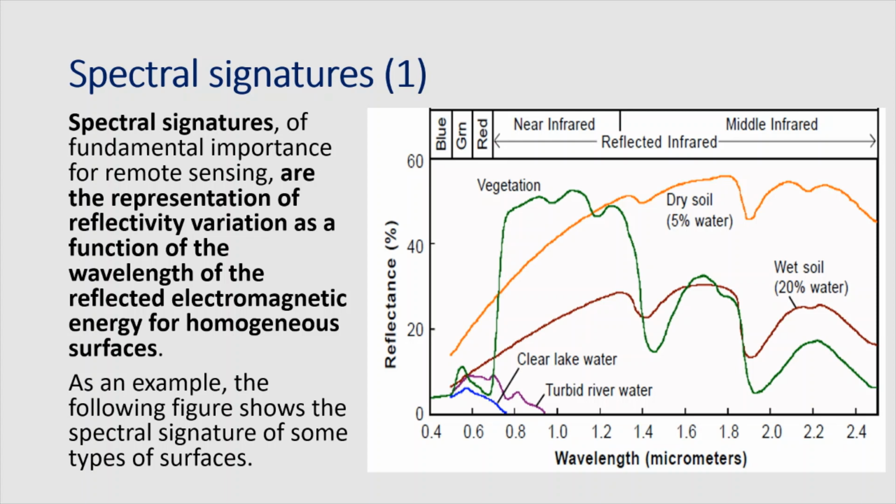And so you see that this soil is reflecting a very low quantity of energy in the visible, then it has a bigger reflectance coefficient in the near and in the mid infrared. And this is the situation of wet soil with 20% of water comprising it. If we have the same soil with less water, you see that the reflection is bigger.